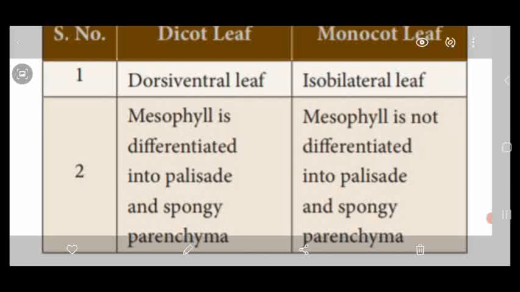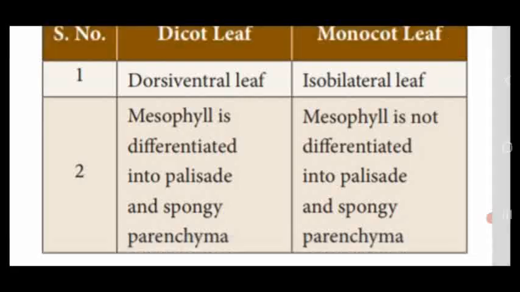Second one, in dicot leaf, the mesophyll is differentiated into palisade and spongy parenchyma. But in monocot leaf, it is not differentiated into palisade and spongy parenchyma, or it is differentiated into either palisade parenchyma or spongy parenchyma.